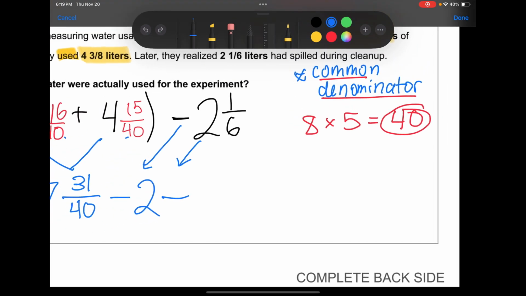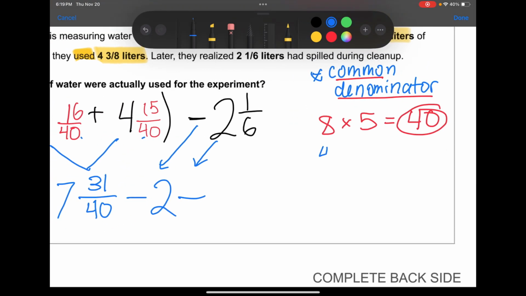So the first one was 40. And I'm going to multiply that by 6 because I know 4 times 6 is 24. And then we take the 0, move it over, and it becomes 240. That is the trick of tens, okay? So now that is my new common denominator.